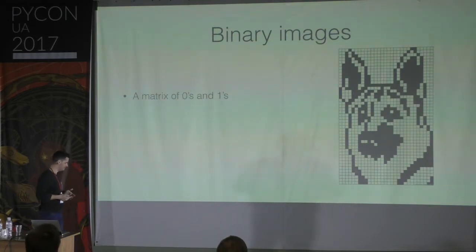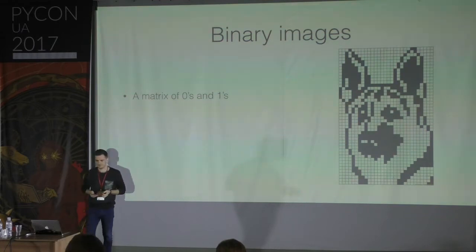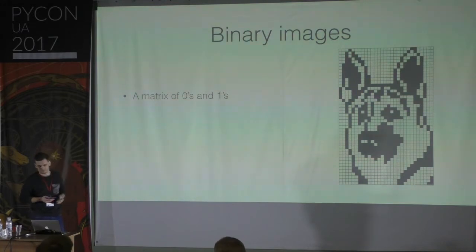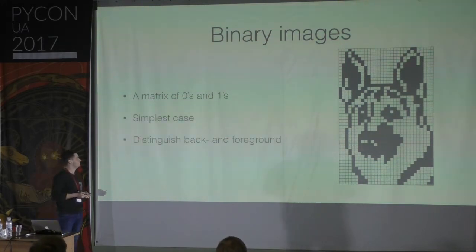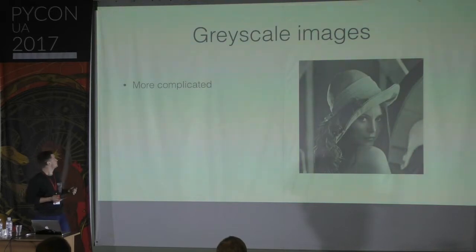First, the easiest unit in computer vision is binary images. Binary images are just matrices of 0s and 1s. This is an example. It's the simplest case, and we can use it to distinguish foreground and background. Right next to it go grayscale images.